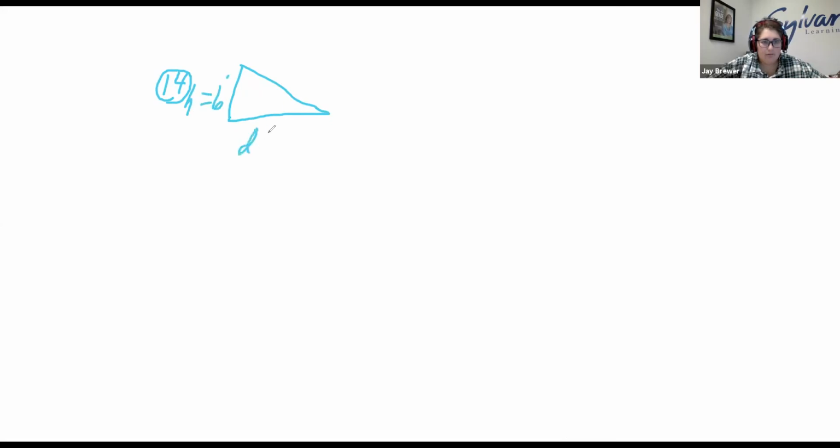The distance is equal to 8 feet. And we don't know what the radius, or hypotenuse, if you choose to call it that, equals. So here's what we do know. R squared is equal to h squared plus d squared.